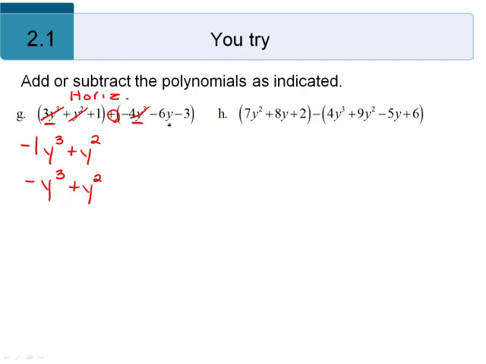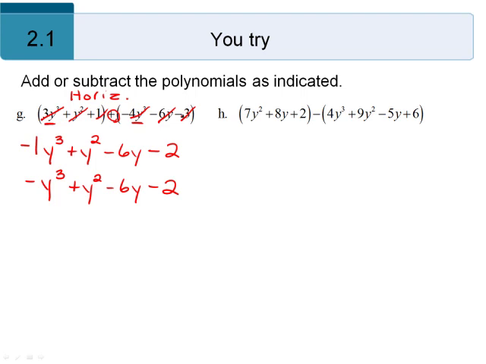Now we also have just a negative 6y, no other y terms, so that also just comes down. So once again, just writing it in our final answer there. So that's gone. And we have 1 and negative 3. If you combine those, 1 minus 3 gives you negative 2, and that would finish up your answer.